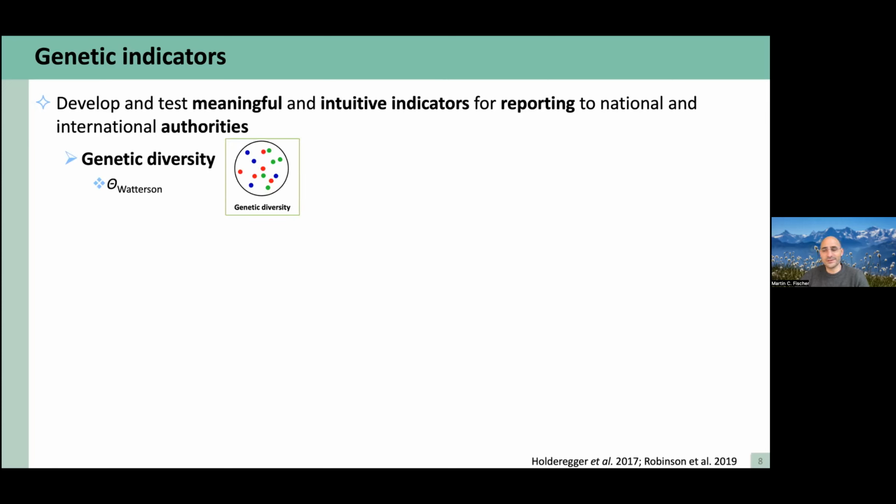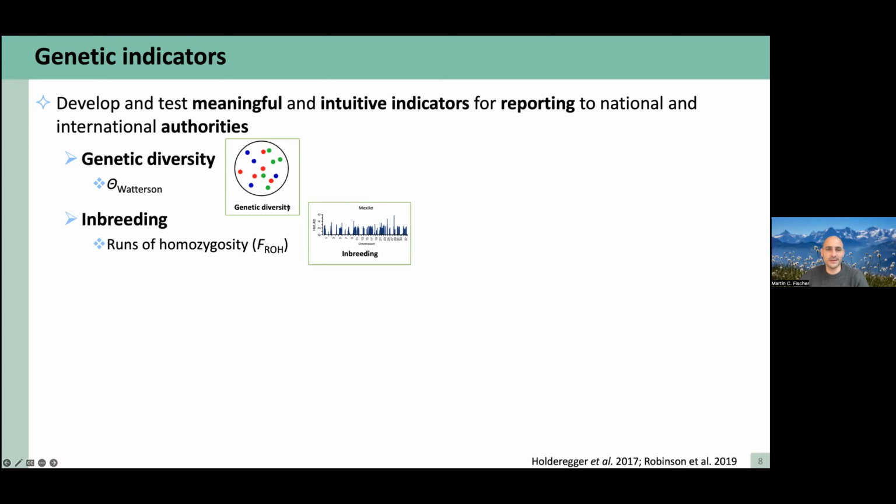The first one is, of course, about genetic diversity per se, and we came up with Watterson's theta, because Watterson's theta is one of the genetic estimators which reacts the fastest to changes in genetic diversity. Then we're aiming for looking at inbreeding, and there we thought, okay, runs of homozygosity, because we have whole genome resequencing data, may be a very, very powerful approach.